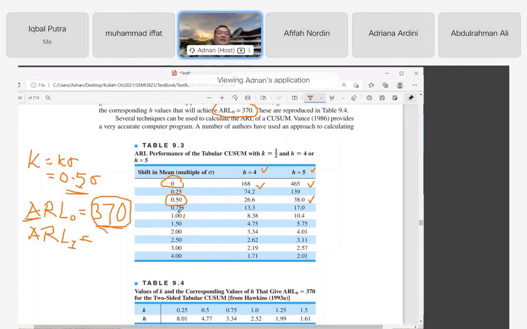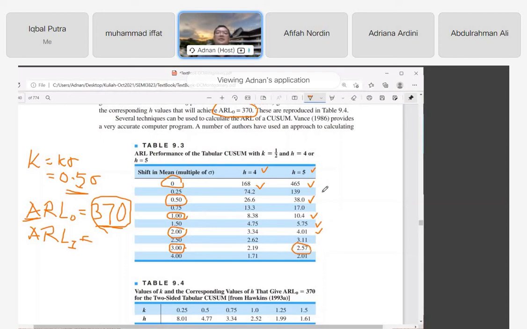But for a 1 sigma shift, it is faster, 10.4. You see, the bigger the shift, the faster it can be detected. A shift of 2 can be detected after 4 points, and a shift of 3 sigma after 2.5 points.